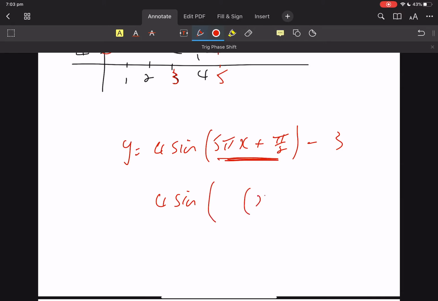So it's got to be x. I've got to factorise the 5 pi out of that. So there's my 5 pi, but I've got to factorise 5 pi out of that. So that would be plus 1/10. That's a nasty phase shift, but anyway, it is what it is.